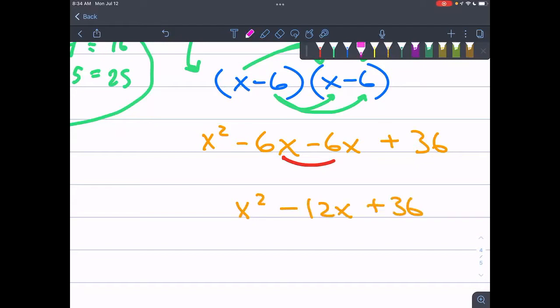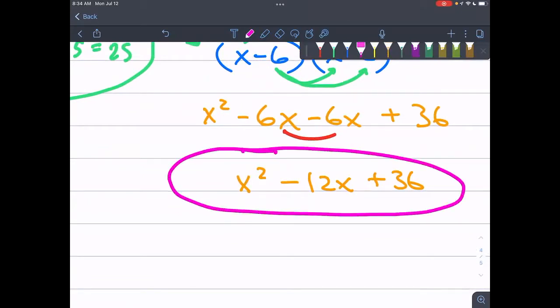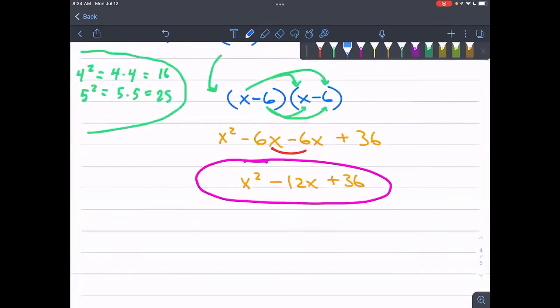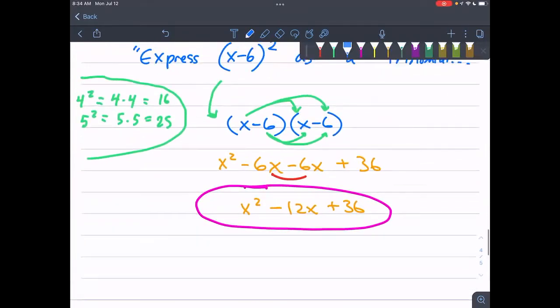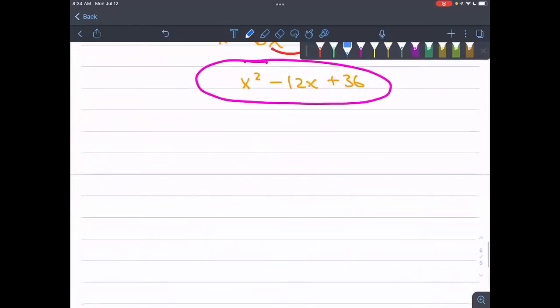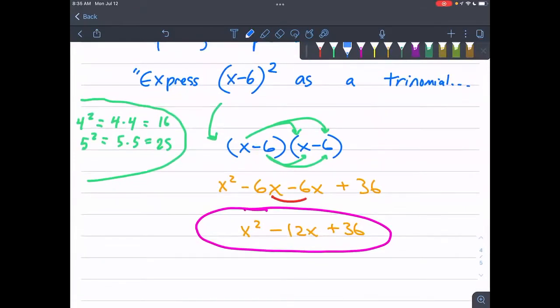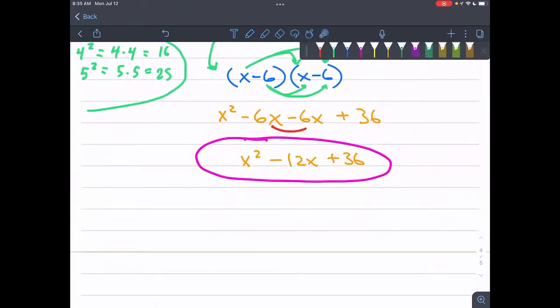So combining the 2 like terms in the middle, negative 6 and negative 6 is negative 12. So the fact that it's x squared and just x by itself and then nothing with the variable, it is a trinomial now. Yeah, because we've got 3 terms. 1, 2, 3. So it becomes a trinomial.